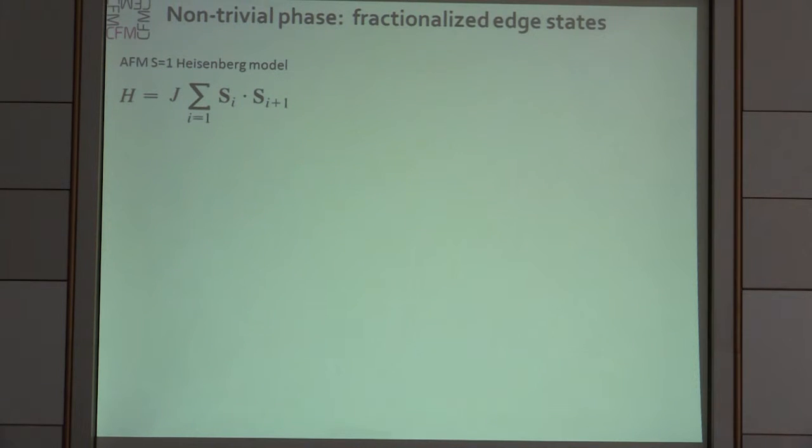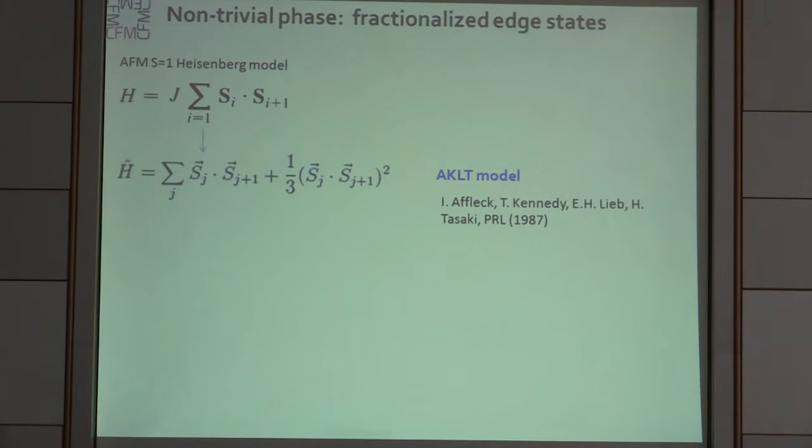And in order to see the nature of these states, one can go into the AKLT model introduced by Ian Affleck and co-workers in '87. So even though it looks like a more complicated Hamiltonian, it has a great advantage, that is, it can be solved analytically.